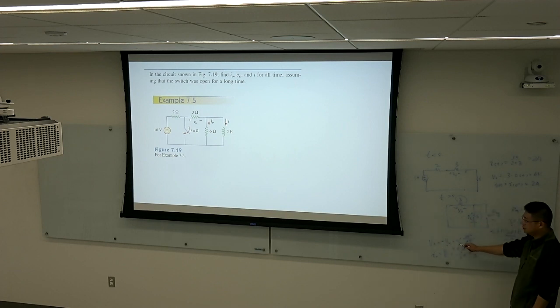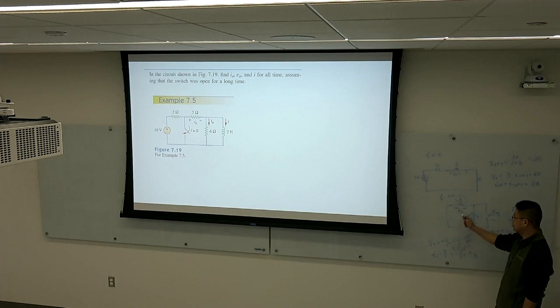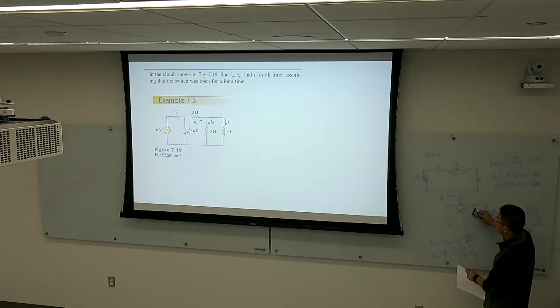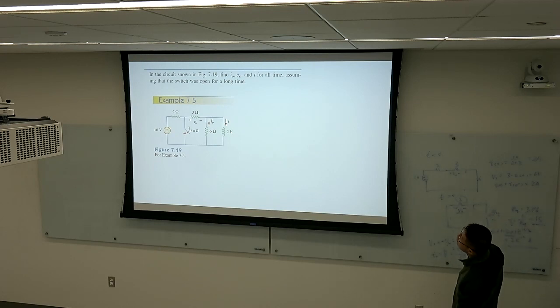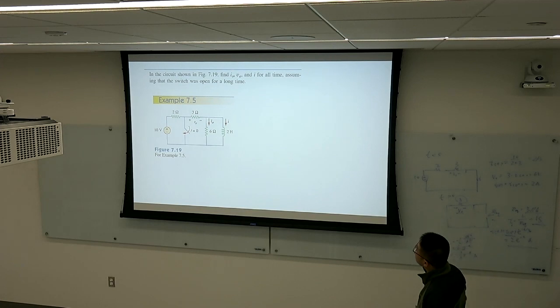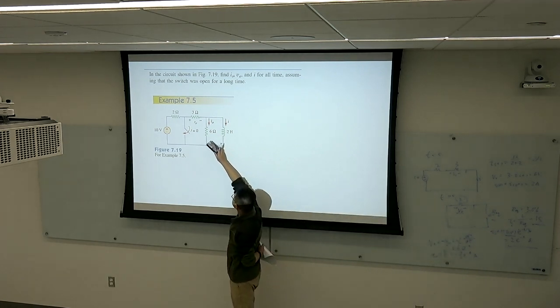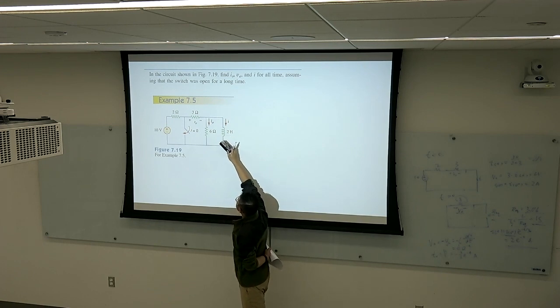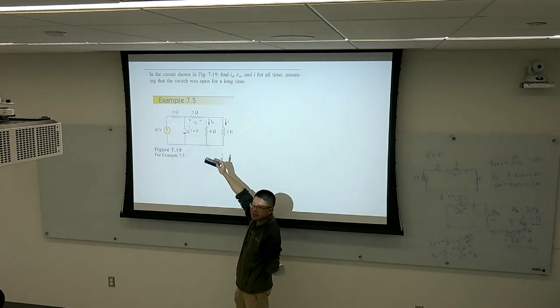So from this relationship L di/dt, we can obtain vo. Because we calculated the current, we can obtain the voltage on the inductor, that is L times di/dt.